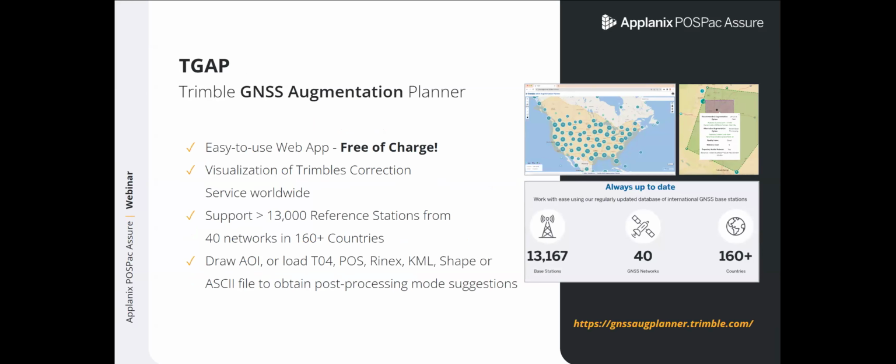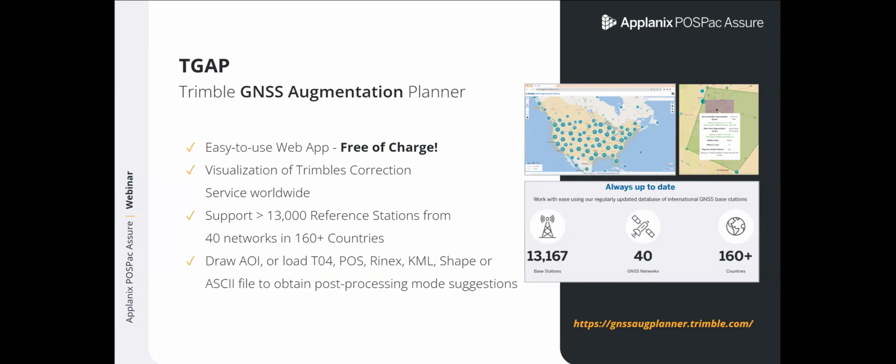You just draw your area of interest, or you load a T02 file, T04 file, sorry, POS file, RINEX file, KML shape file, anything that describes basically your trajectory or your mission area. You load that into the TGAP app, and it will report back what correction data are available. And it will also make a suggestion of what is a good processing mode.